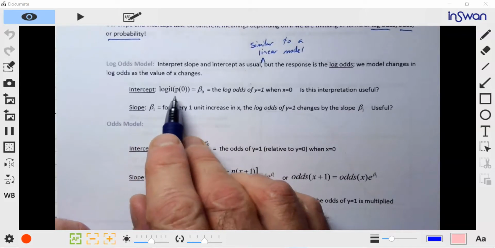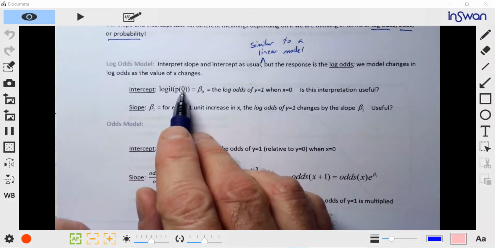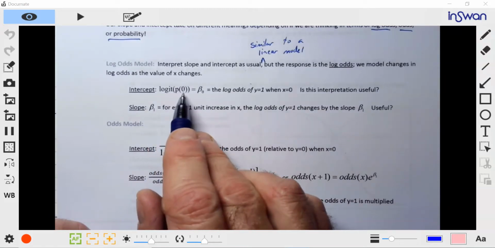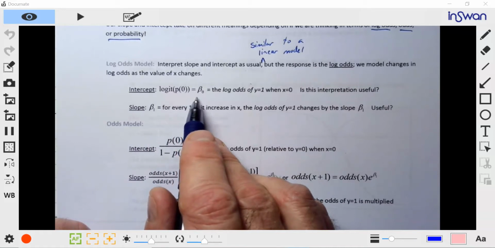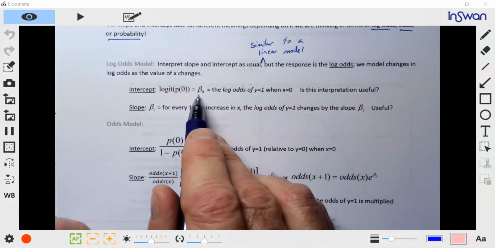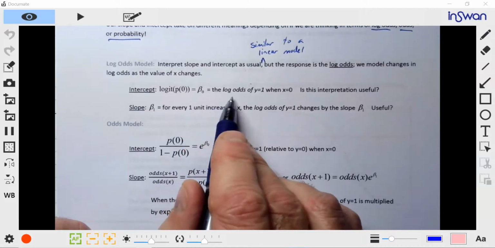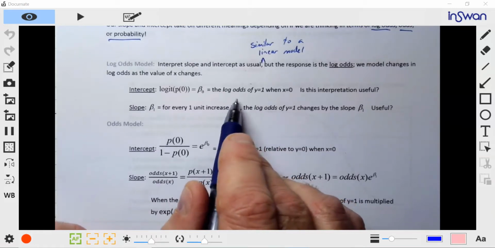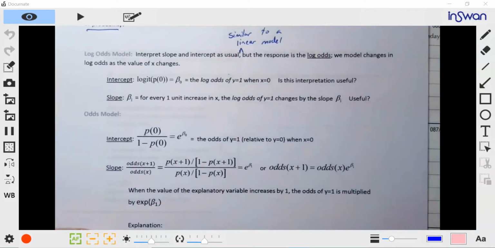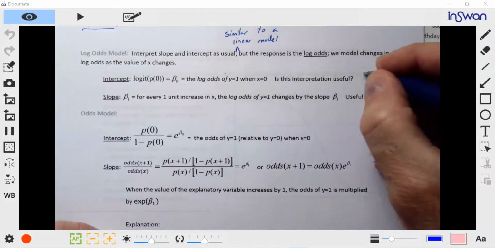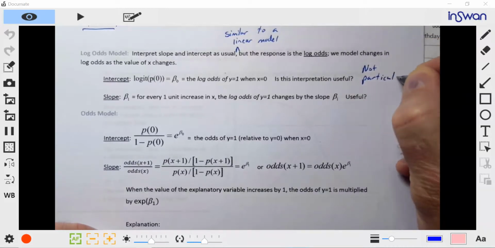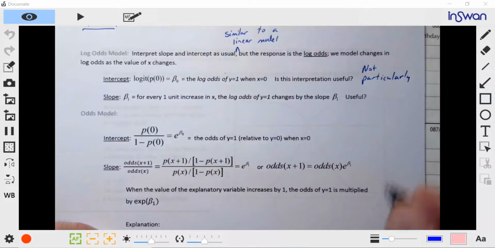So the intercept, if x is equal to 0, I'm going to use the notation logit p of 0. That's just going to be beta 0. If I plug 0 in for x, the beta 1 term drops out and I'm left with beta 0. So that's the log odds of y when x is equal to 0. Is this interpretation useful? Well, log odds is a tricky concept, so I'm going to say not particularly. As you'll see, we'll have more useful interpretations of the intercept and the slope.